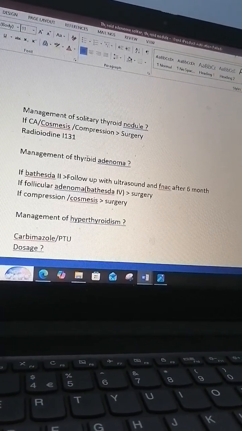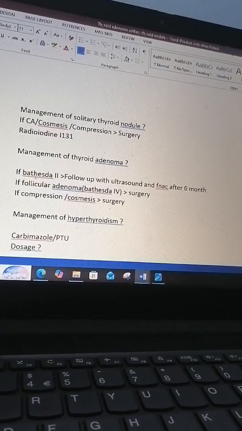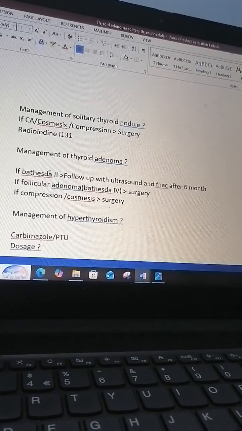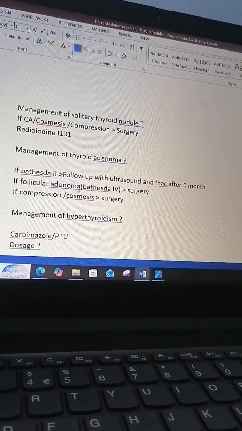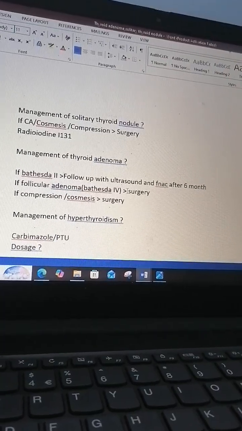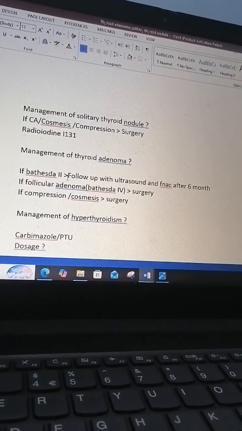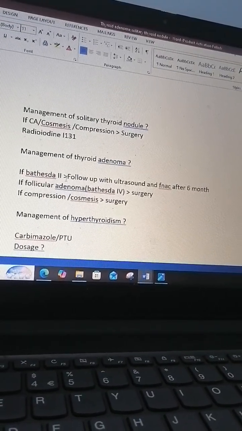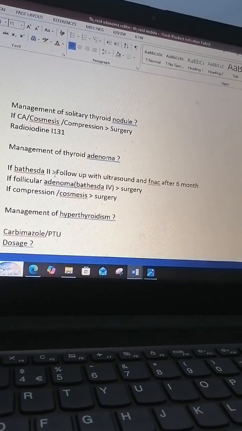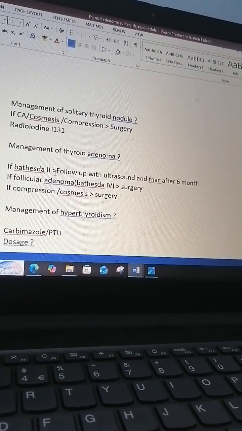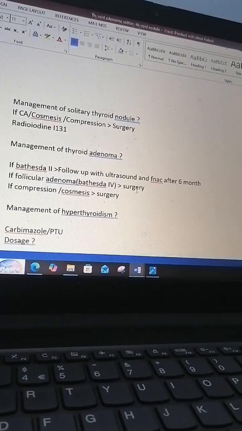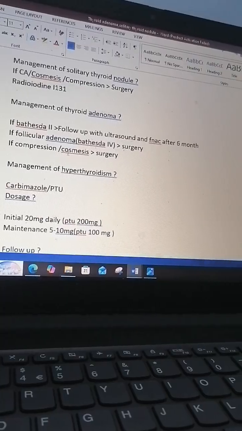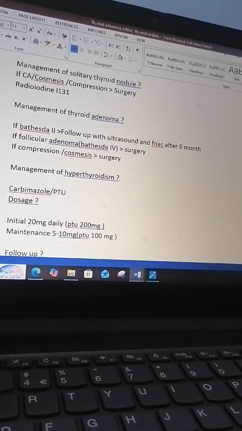The management of thyroid adenoma is according to Bethesda. It can be a simple adenoma, which is benign Bethesda 2, and it can be a follicular adenoma, which is Bethesda 4. If it is a simple adenoma, which is Bethesda 2, then we will just keep it on follow up with ultrasound and FNAC after 6 months. If it is a follicular adenoma, then we will go for surgery. And if there are also compression or cosmetic reasons, then we will also go for surgery.